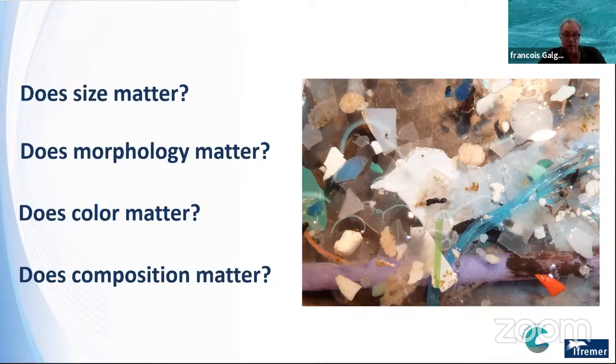What about the colors? It may be important for some organisms when you consider ingested microplastic, for instance, but not for some other organisms. So it could be partial information only. And composition is the same. I mean, you will have more PVC on the seafloor.